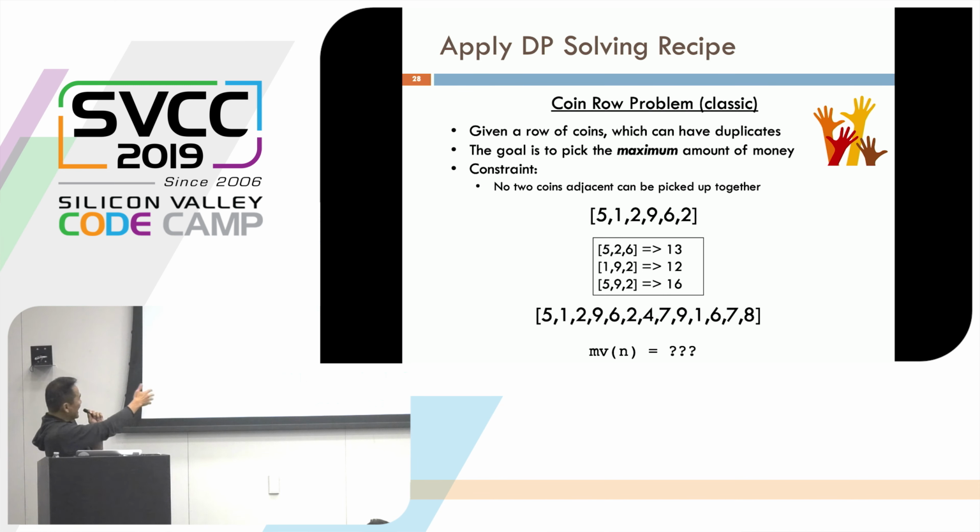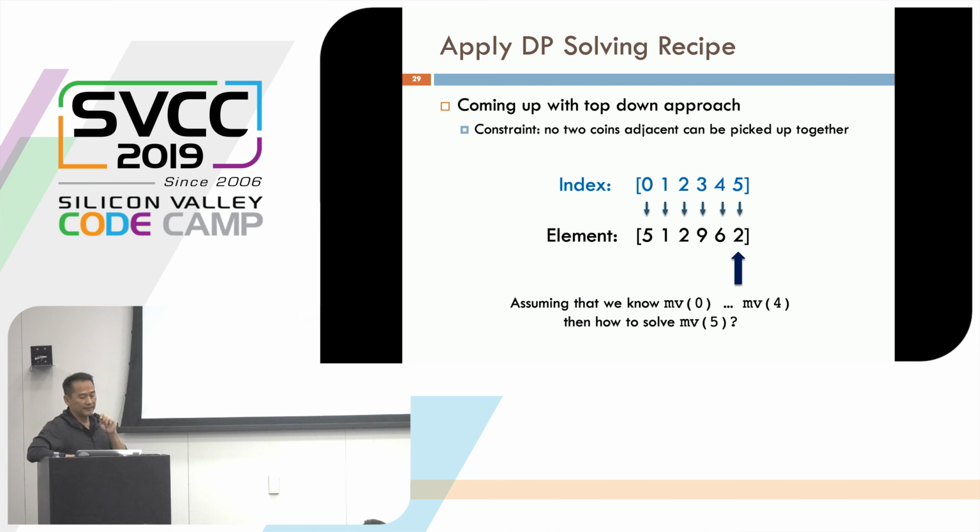When we get to the last element in that array, hopefully we have the maximum amount of money. So that's the function that we want to solve for: MV of n, where n is the index. So let's revisit the problem. The constraint says no two adjacent coins can be picked up together.